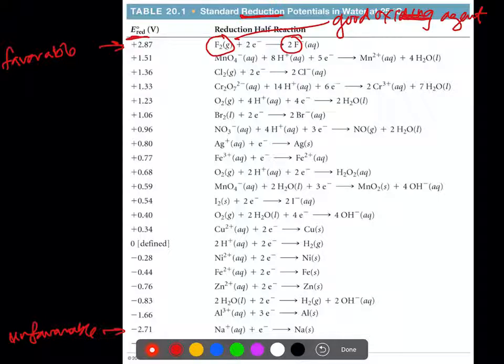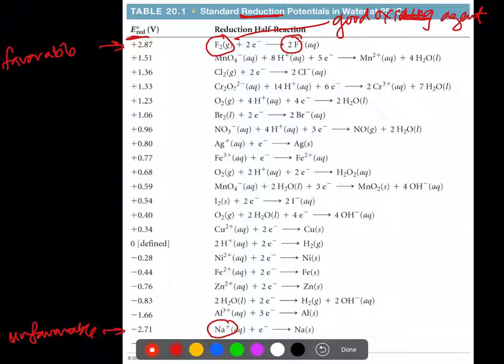If we look down here at negative 2.71, meaning unfavorable, not going to happen, we have aqueous sodium ions turning into sodium solid. Is that something that seems reasonable? No. Sodium is always found as ions in all of nature, which makes sense because sodium ion is where we have the full valence. Whereas for sodium solid, that's not true. It's got that one valence electron, which makes it highly reactive, so it makes sense that this reaction does not go as written, because sodium does not readily take on electrons.